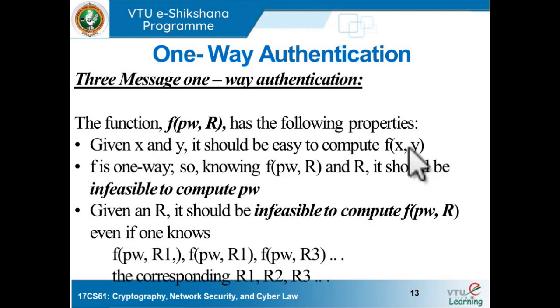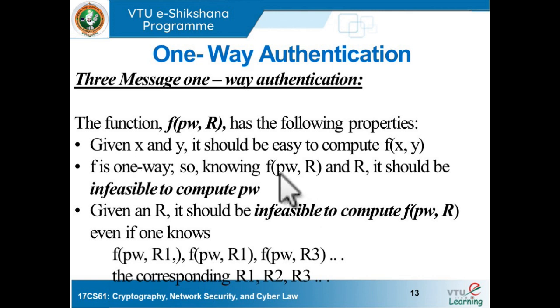Now, let's see what we mean by the function f. There are a few properties associated with it. Given x and y, it is easy to compute f of x and y. Here, x is the password, and y is the nonce. This f of x and y is a one-way function.